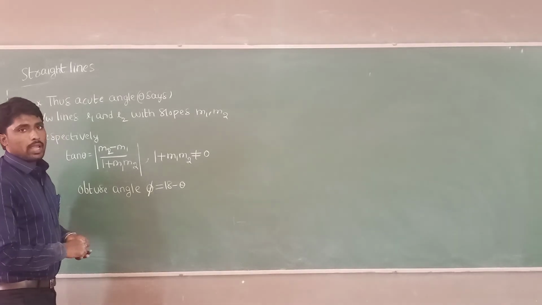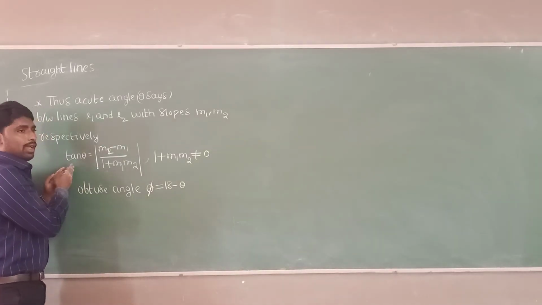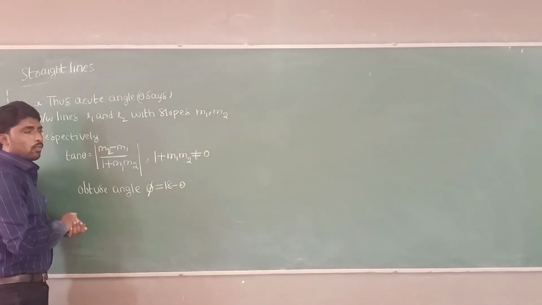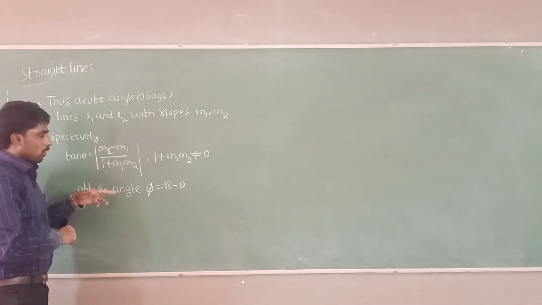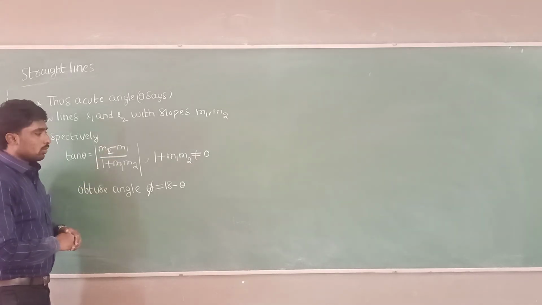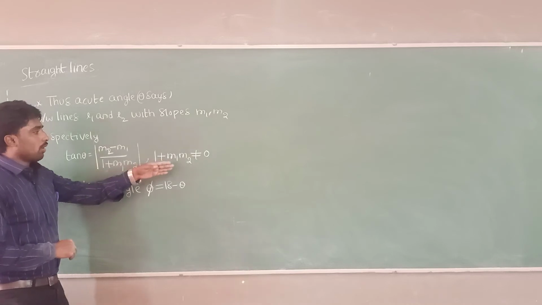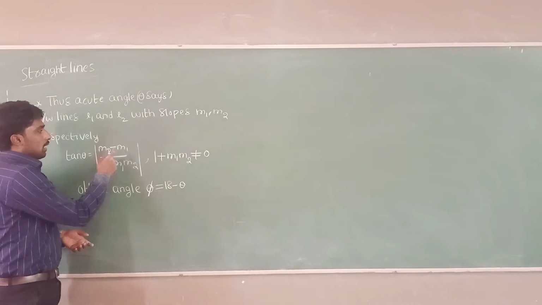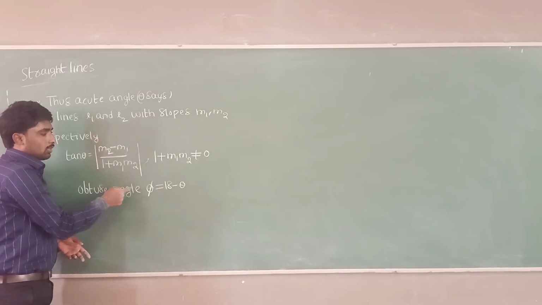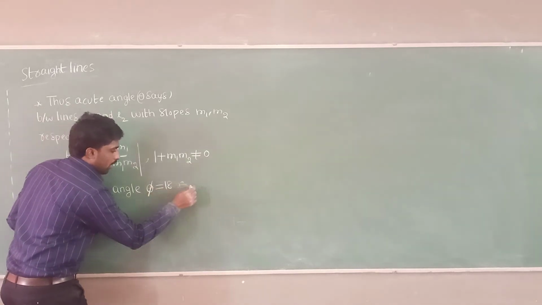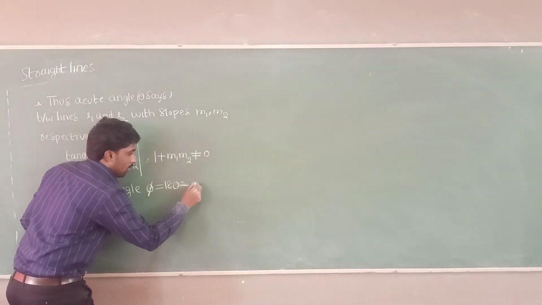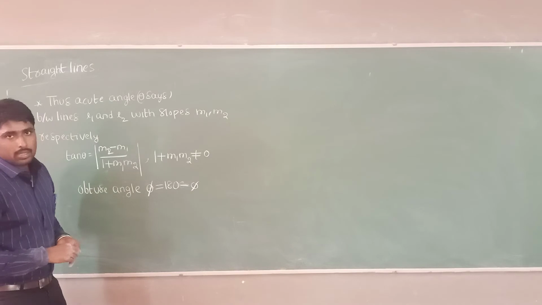The angle between two lines formula is tan theta equals modulus of m2 minus m1 by 1 plus m1 m2, where the denominator is not equal to 0. If theta is acute, pi is obtuse.